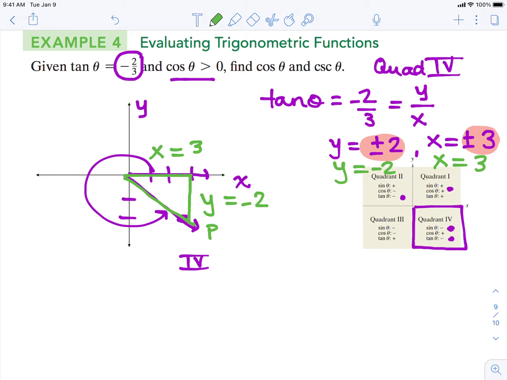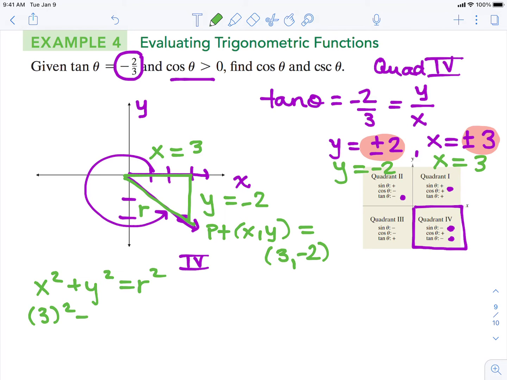So this is our point, x comma y, on the coordinate plane, 3, negative 2. We do need to find this last piece of our right triangle, the radius. So we're going to use the equation x squared plus y squared equals r squared. We're going to substitute the x in and the y in, and then solve for r.